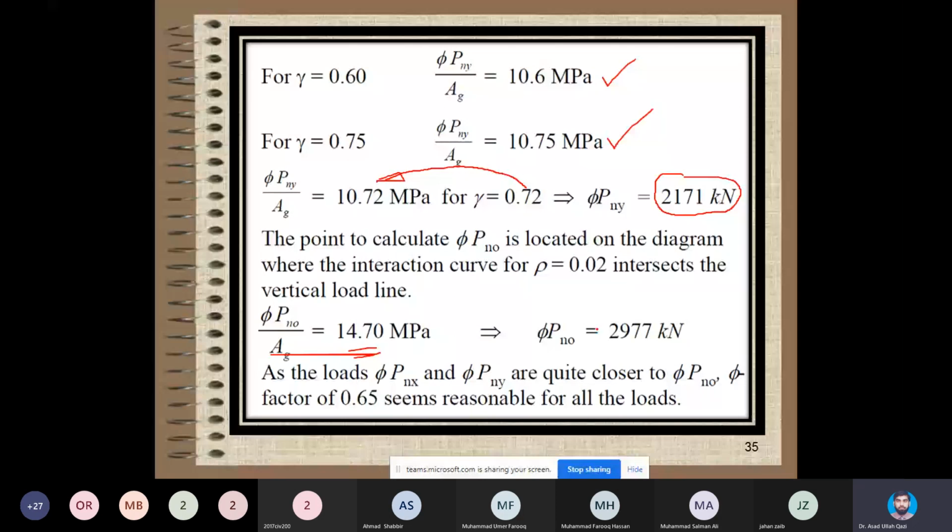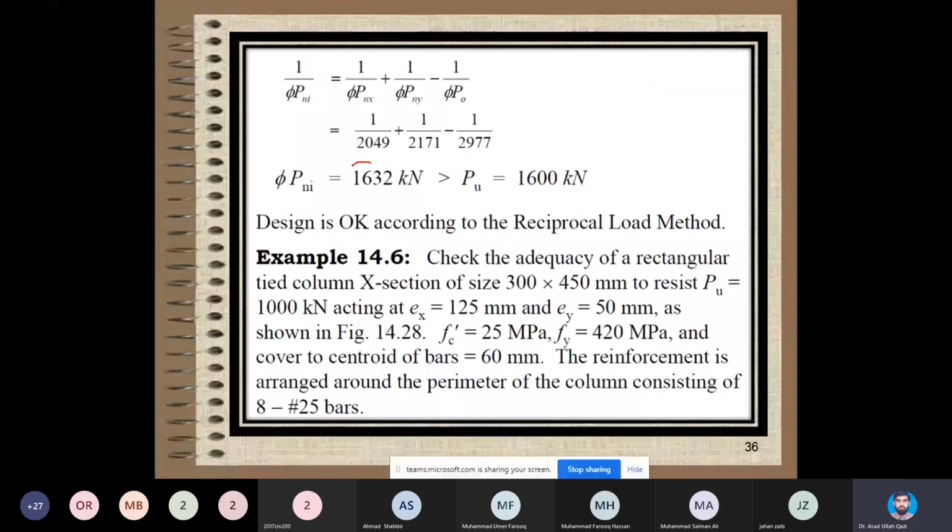Now assemble it in this equation, which was the reciprocal load equation, and we are lucky that the reciprocal of it gives me a biaxial capacity higher than my ultimate requirement, which is 1600.